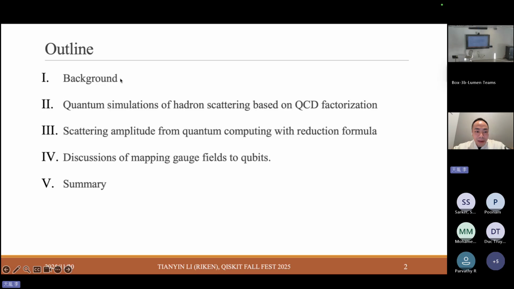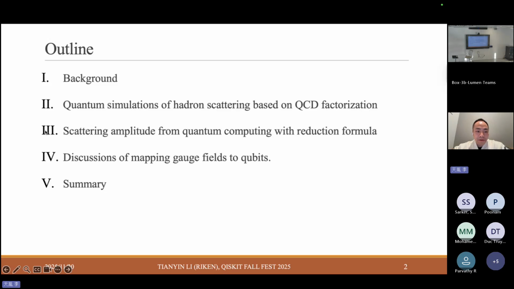Firstly, I will introduce some background about quantum chromodynamics, and then I will talk about how to simulate the hadron scattering process on a quantum computer based on the QCD factorization theorem. And then I will introduce how to simulate the scattering amplitude of the hadron scattering process on a quantum computer by using the LSZ reduction formula in quantum field theory.